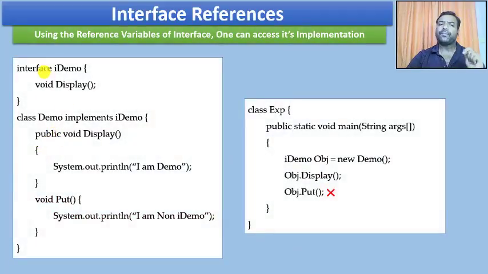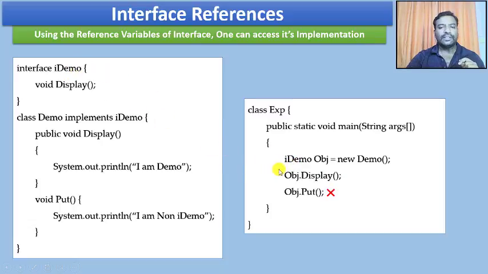So now, when you have an interface, you're not supposed to create any object for it, but you can create a reference of the interface and make use of the object of the class which is going to implement it. Now, for example, just look at this program. In the class exp, the main function, idemo is the interface.